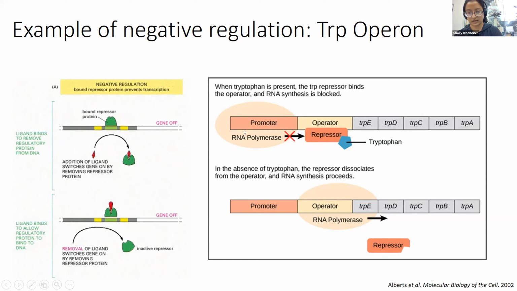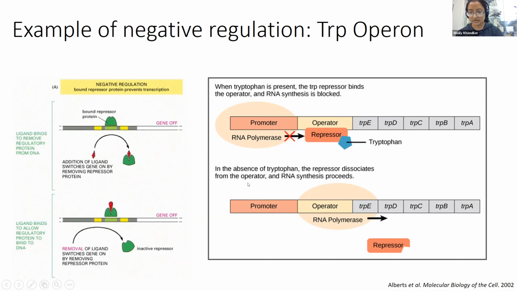This prevents RNA polymerase from transcribing the coding region of the operon, which is located beyond the operator region. The operator region is in between the promoter and the coding region, and a repressor bound to a co-repressor, in this case tryptophan, then binds to the operator, and this physically prevents RNA polymerase from continuing transcription of the coding region.